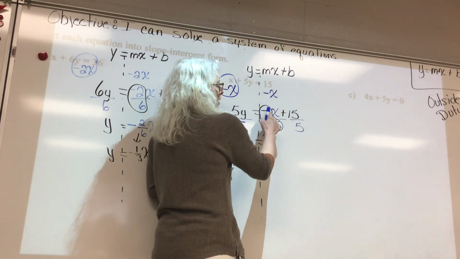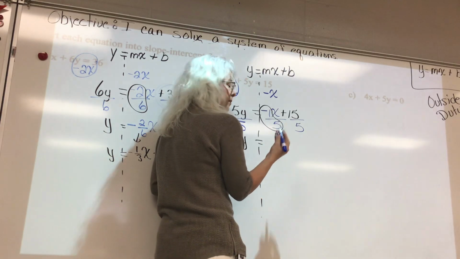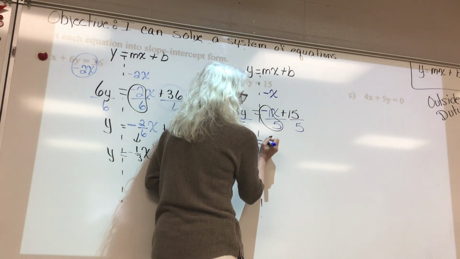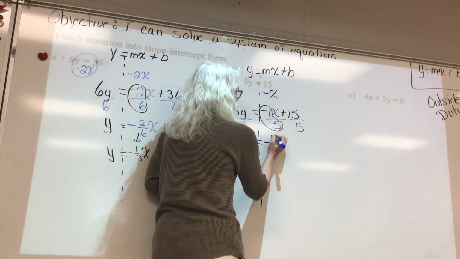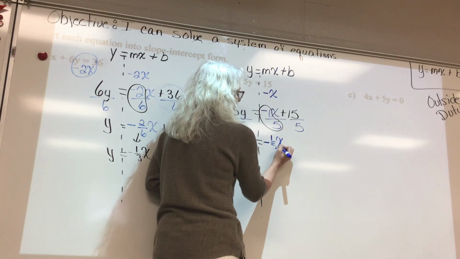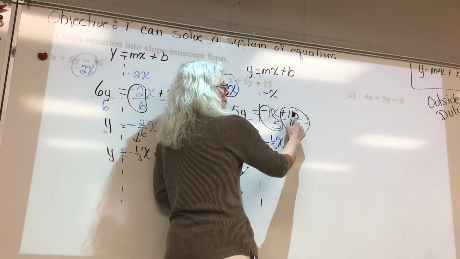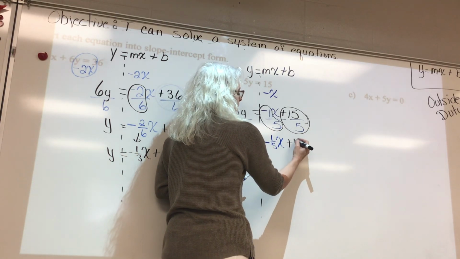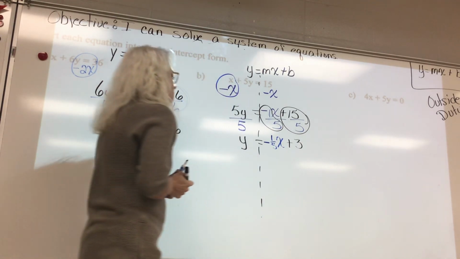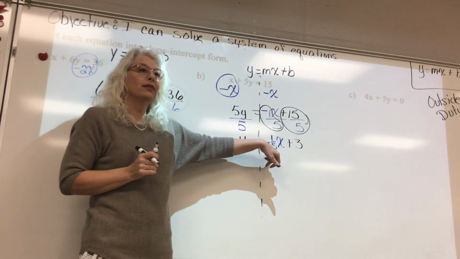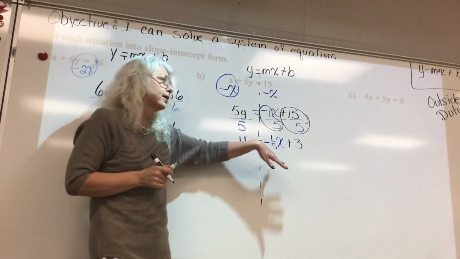So negative 1 divided by 5 is a decimal, so I'm going to just write negative 1/5 with the x. Positive 15 divided by 5 is positive 3. And since that fraction won't simplify, I'm good to go.